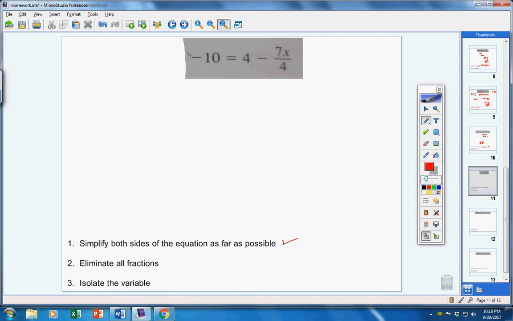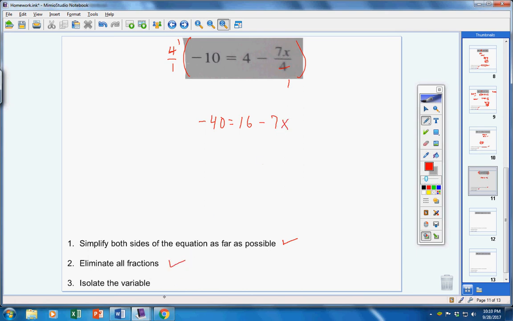So we're going to multiply the entire equation by 4. 4 times negative 10, negative 40. 4 times 4, 16. Now, 4 over 1, your 4's cancel, leaving you with 7x over 1, or just 7x.